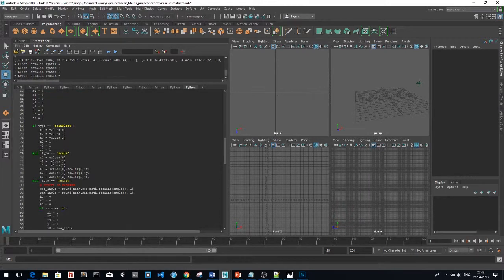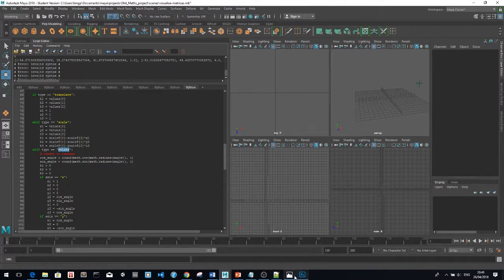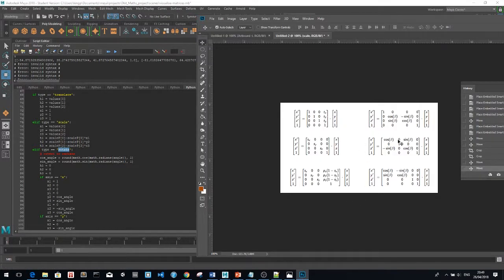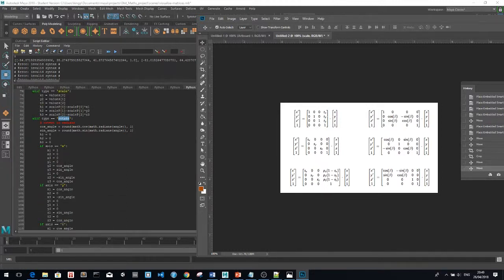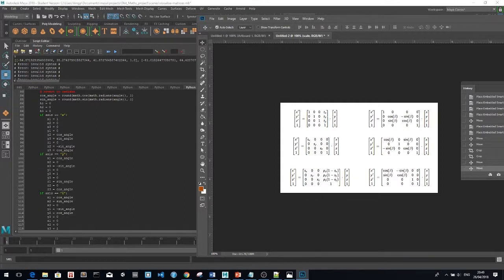For rotations, we are using these three matrices, and basically we're getting the cos and sine of the angle passed, leaving h1, h2 and h3 at 0. For reflecting on the x-axis, we can change the x2 to a minus sign, or the z2 to a minus sign, and we'd do the same for y and z if those values are passed.